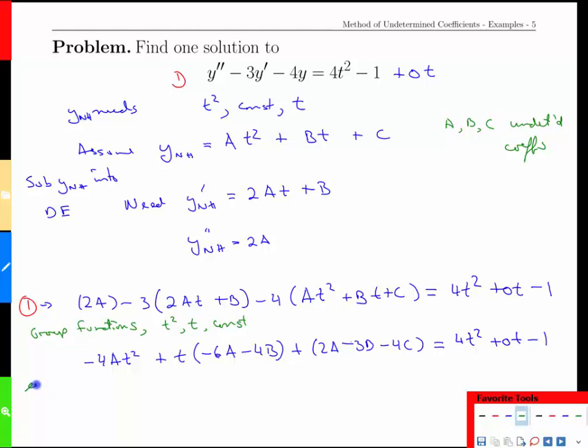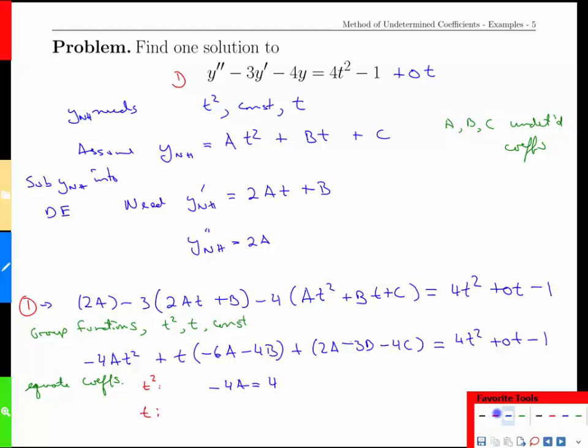So guess what we do next? If those two things are equal as functions, if I said this was a parabola and this was a parabola, they would only be the same if the coefficients were identical. And if the coefficients are identical, what we have to have is minus 4a has to equal 4. And I'm going to clarify what we have for the coefficients here, the t squared.